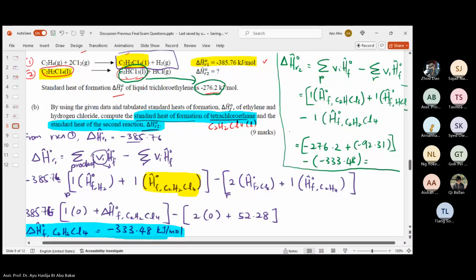Sorry, that. It's negative 35.03 kilojoule per mole.